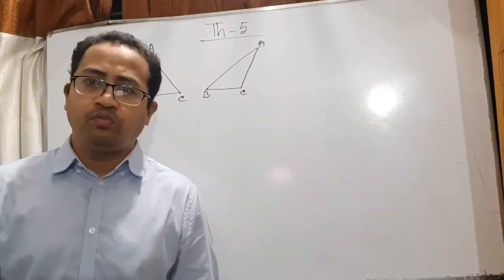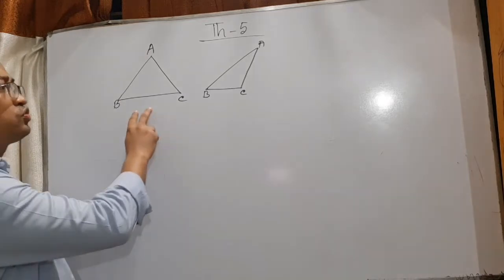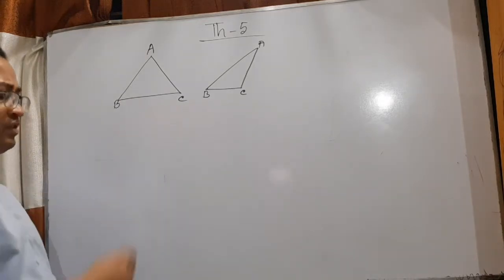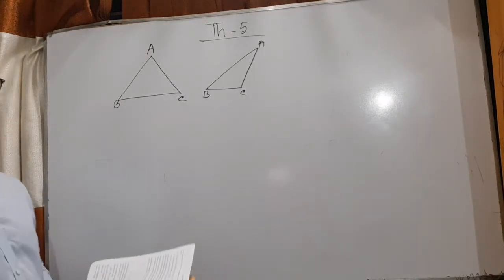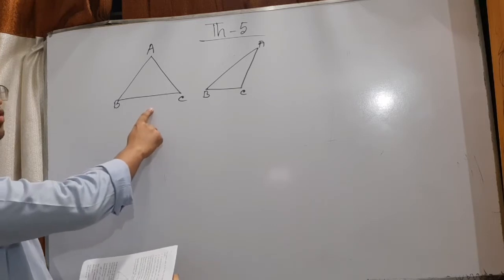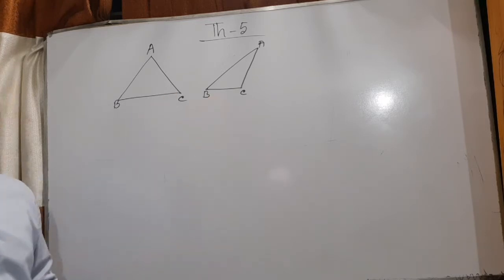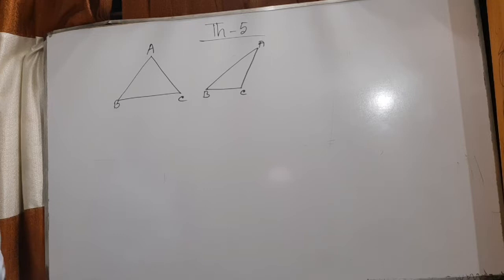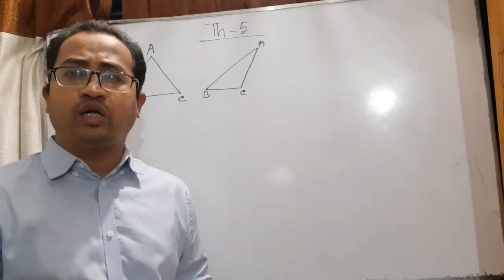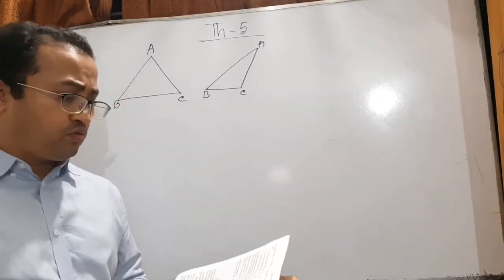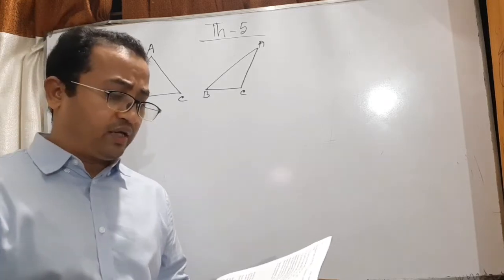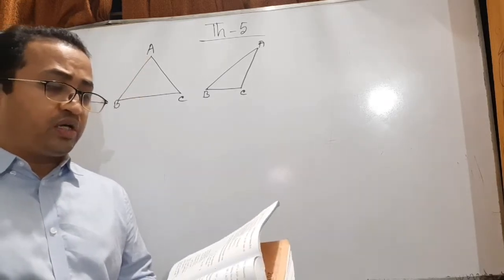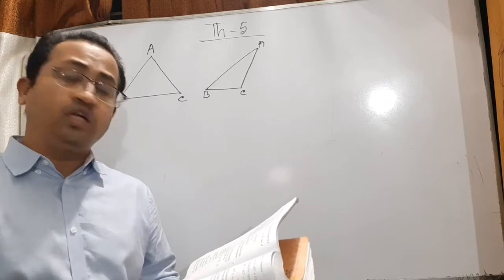Students, look at the board. I have drawn two triangles ABC. Figure 1 is an acute angle triangle and figure 2 is an obtuse angle triangle. For both figures, we will prove theorem number 5. Look again at the question. The sum of the areas of the squares drawn on any two sides.